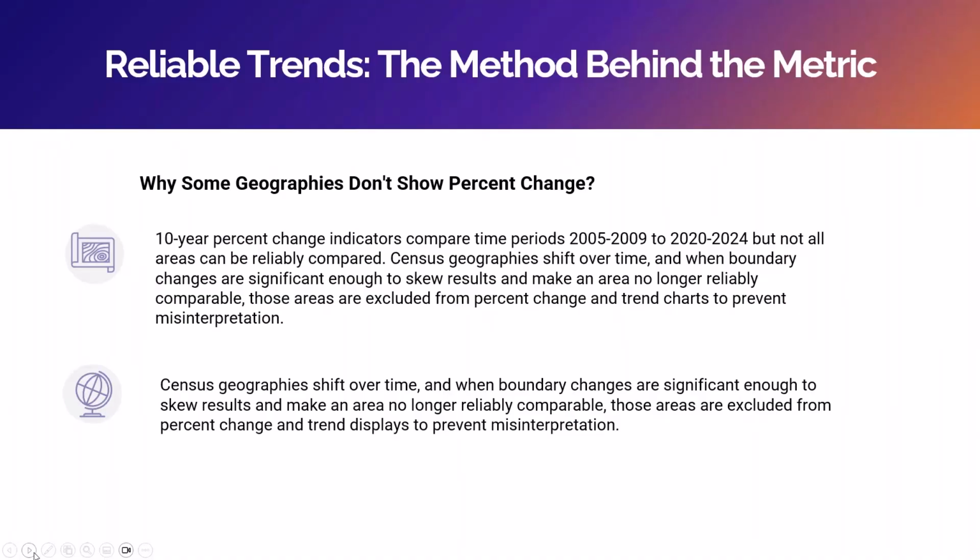And sometimes those slight variations are not effective enough in the sense of the population change to suppress an entire trend. So we really take care to make sure that anytime we are comparing across data, we are looking at those geography shifts and only calculating and presenting on PolicyMap proper the change where it does exist.